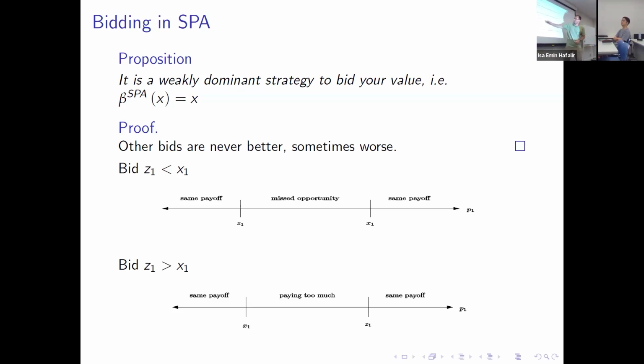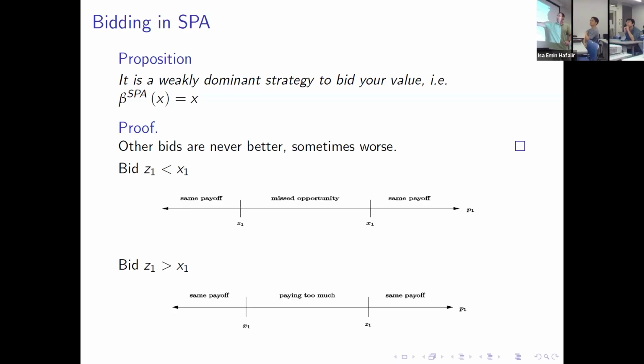If the highest bid among my opponents is in this region, smaller than Z1, then I am indifferent between Z1 and X1, because under both cases I win, and under both cases I pay the same, because I only pay the second highest bid.